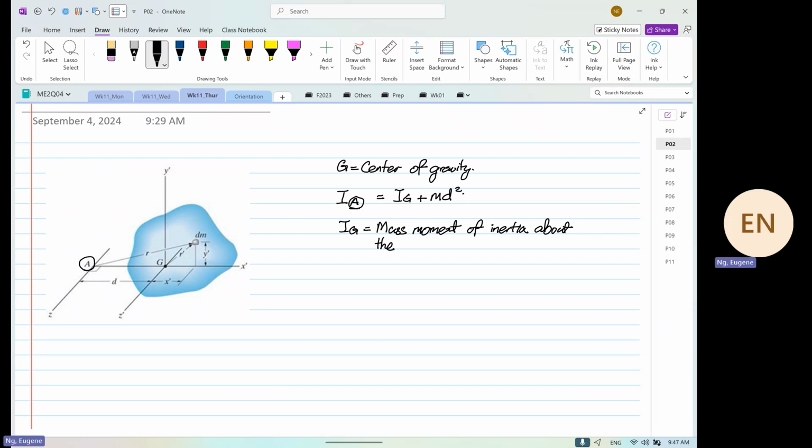The body mass center, M is the mass of the body.